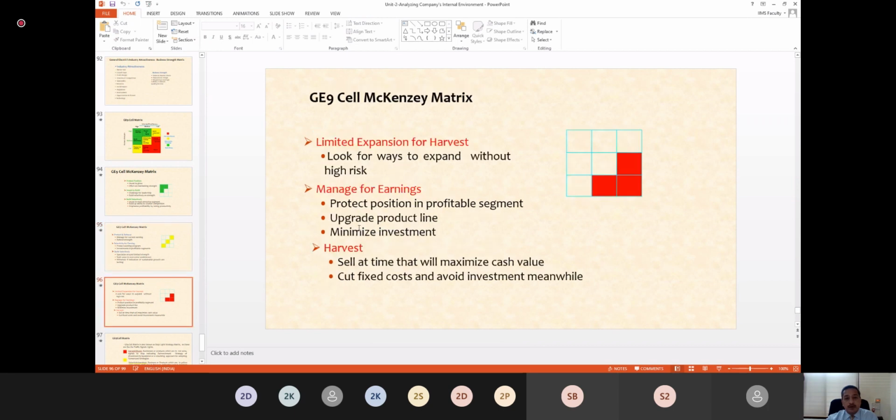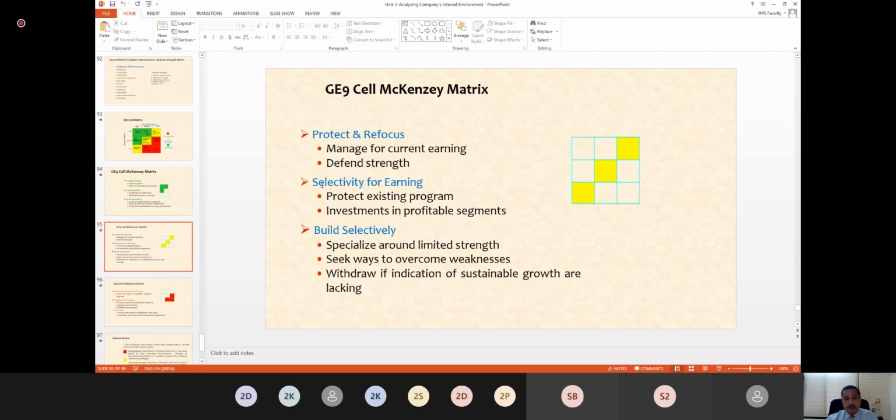Here you can protect the existing program or the particular business unit, and invest in profitable segments as the industry has growth opportunities.